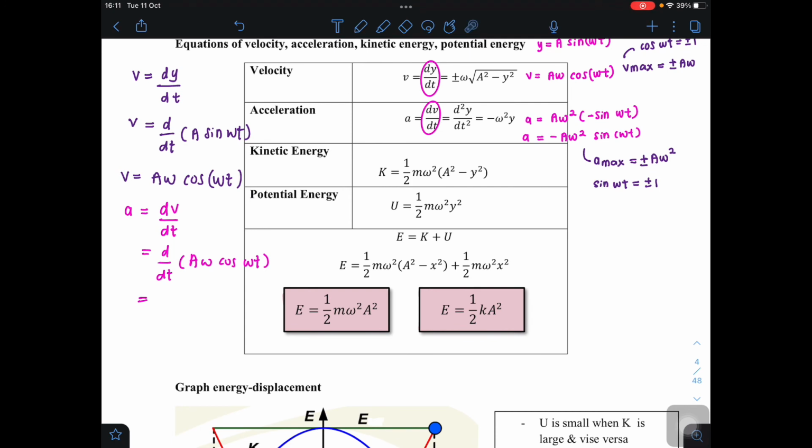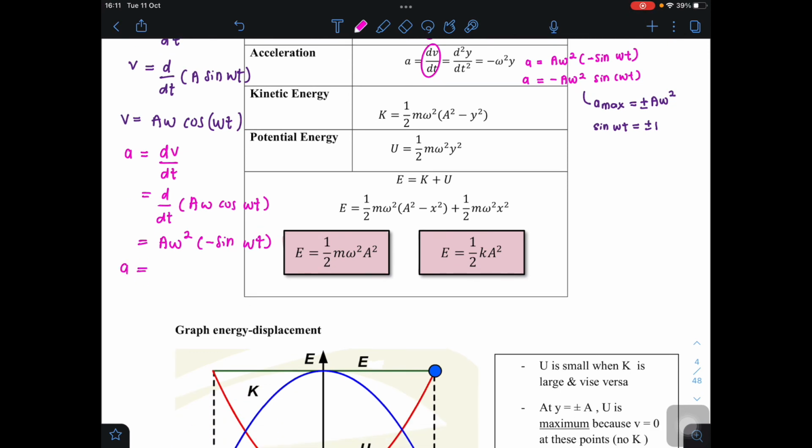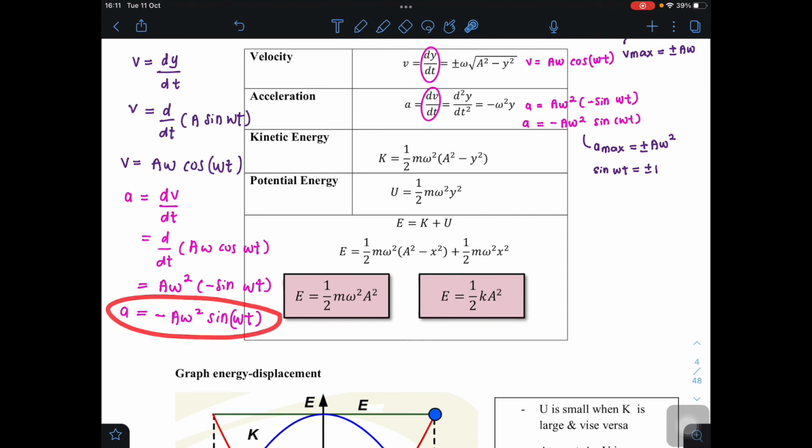And then you differentiate this one in respect to omega, so omega A omega square. And then differentiate cos, akan dapat negative sign. And then the rest you just tulis saja semula. So akan dapat negative A omega square sin omega t. Okay, so this is the equation untuk acceleration.